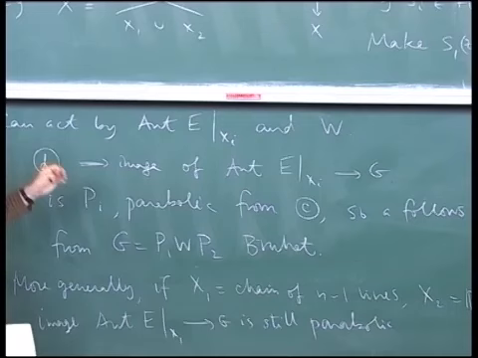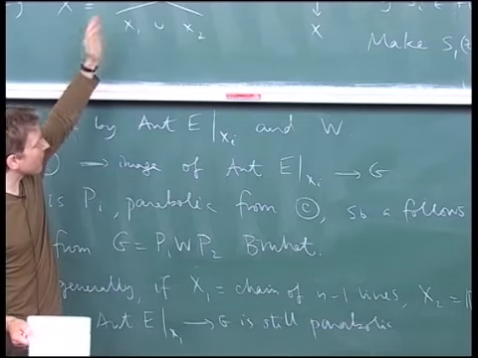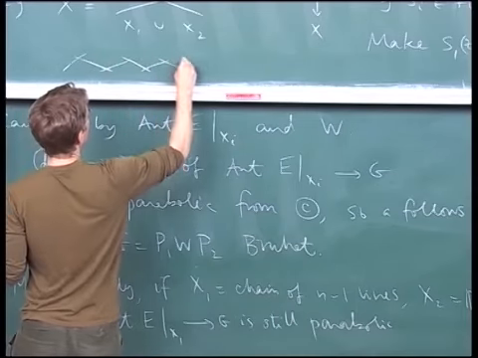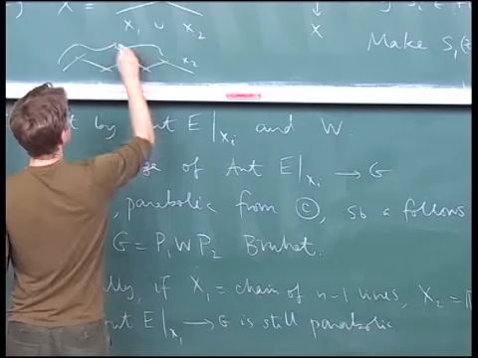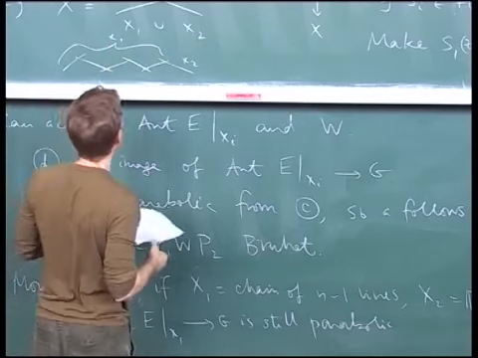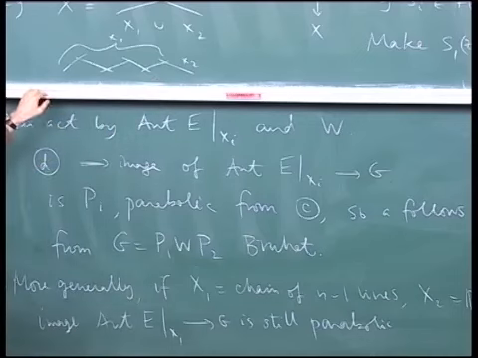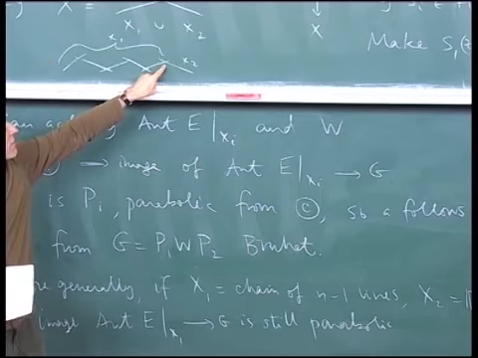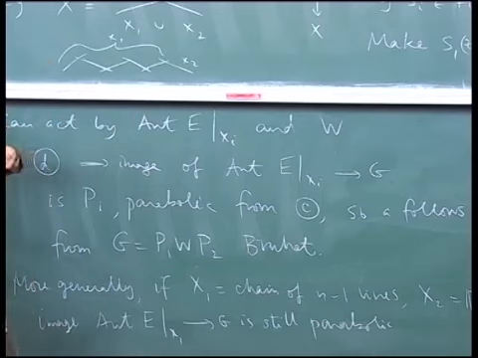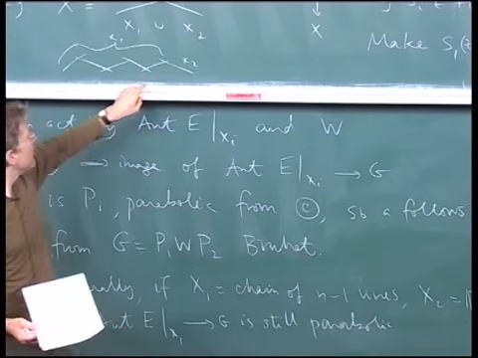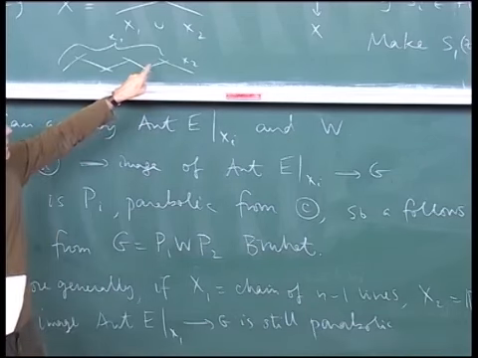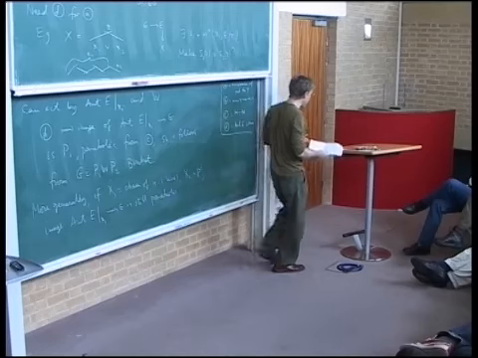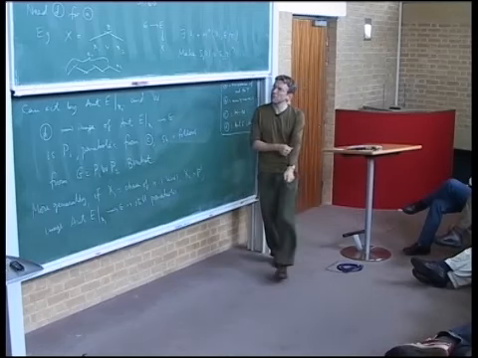I know by induction that a bundle on this chain of n minus 1 lines reduces to a maximal torus. I ask what the possible values are that global automorphisms can take here, and it turns out to be the parabolic defined by some tie-breaking condition.